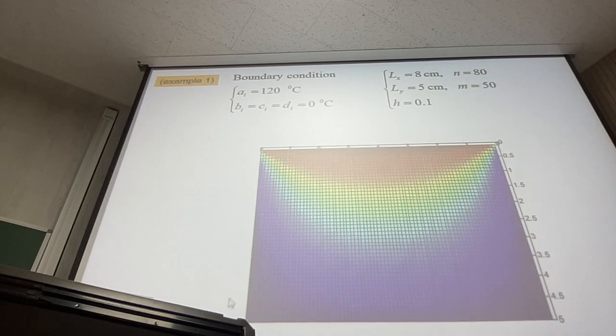If the temperature at three boundaries is given as 0 degrees Celsius, and this plate is 120 degrees, what will be the temperature within this rectangular material? And if the conductivity of this rectangular material is given, we can calculate the temperature between these two spaces.